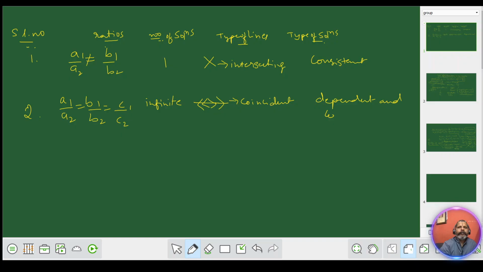Okay. Here we have another case. The third case is when A1 by A2 equal to B1 by B2, not equal to C1 by C2.